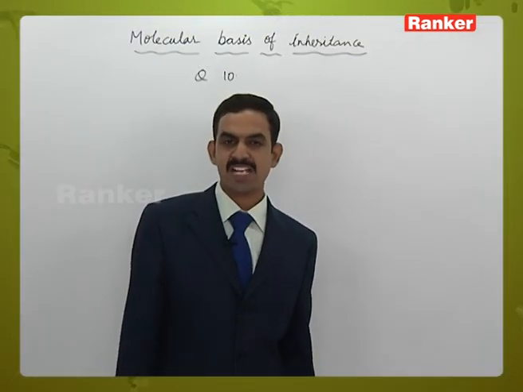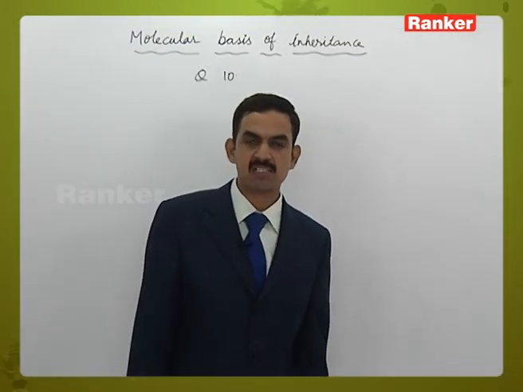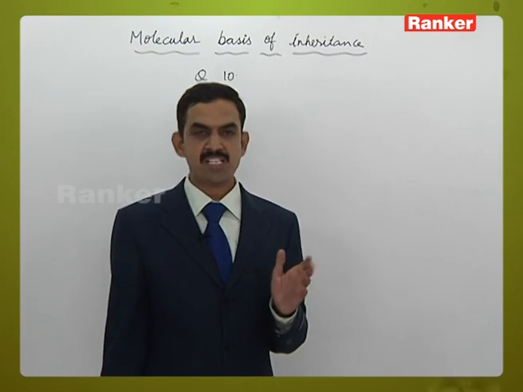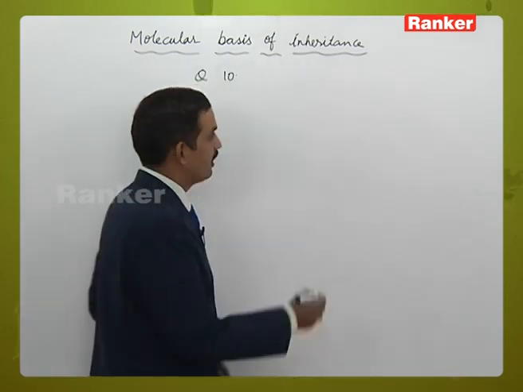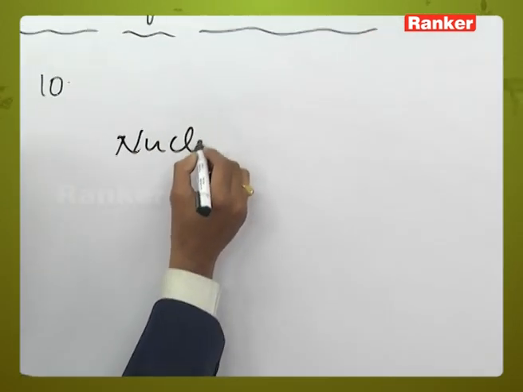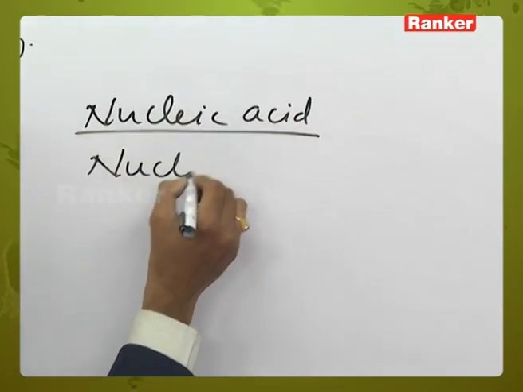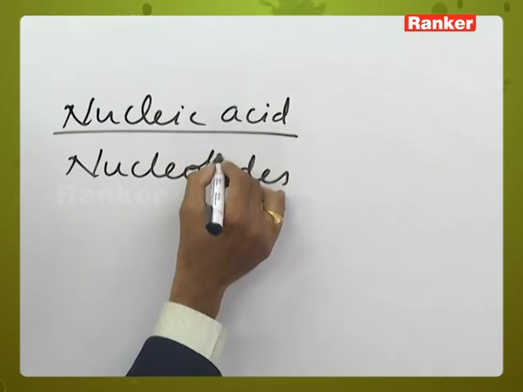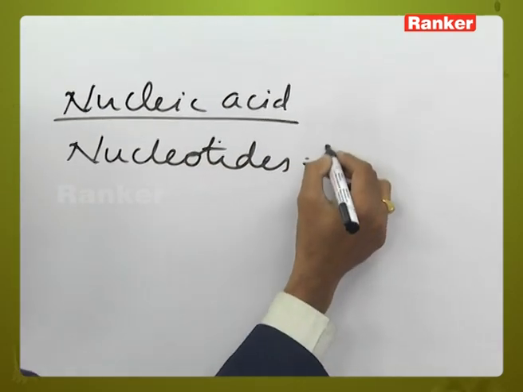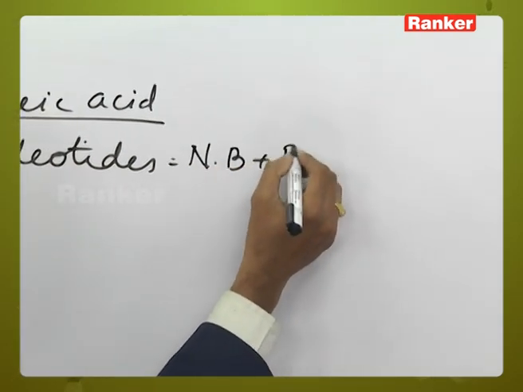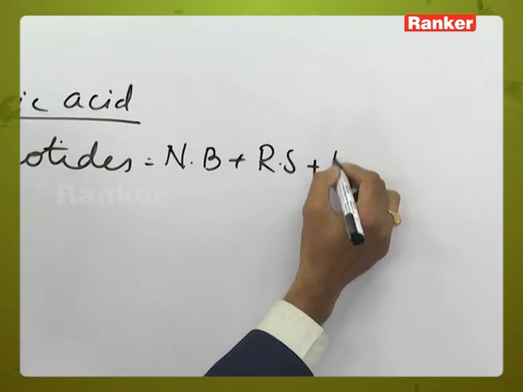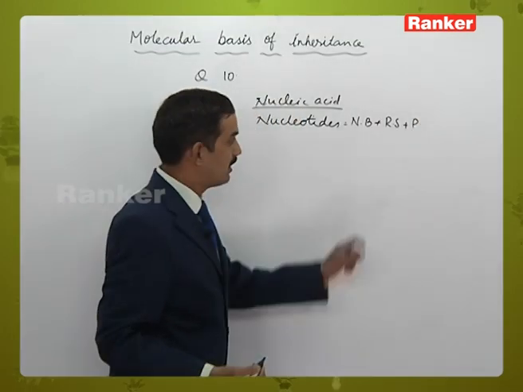Okay, here, nucleic acids, we know that nucleic acids contain units called nucleotides. Nucleic acids are made up of units called nucleotides, and each nucleotide contains a nitrogen base, a ribose sugar plus a phosphate group.